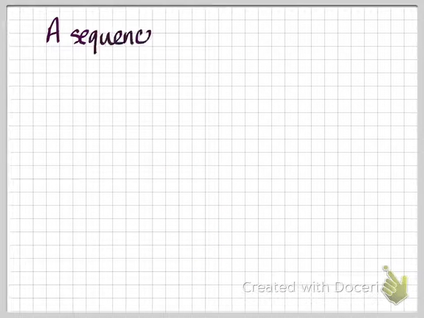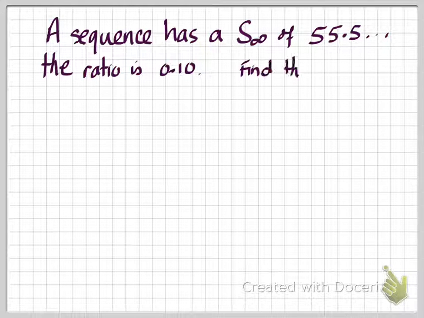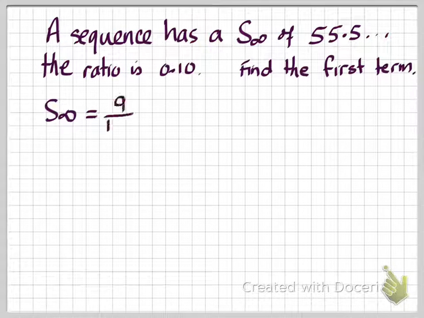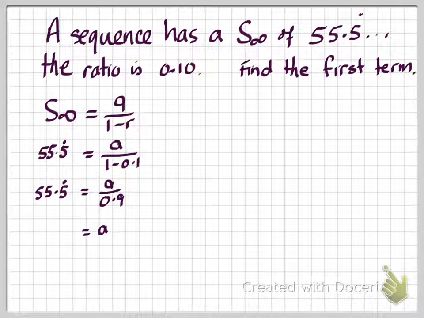So let's have a look at this one here. We have a sequence that has a sum to infinity of 55.5 reoccurring, that should be, and the ratio is 0.1. So we find the first term. The first term is what we want to find, and we then put the value in, 55.5 reoccurring. a is over 0.9, and you go 1 minus 0.1.